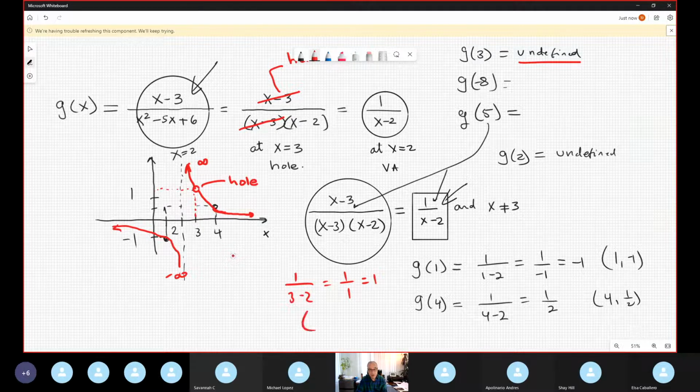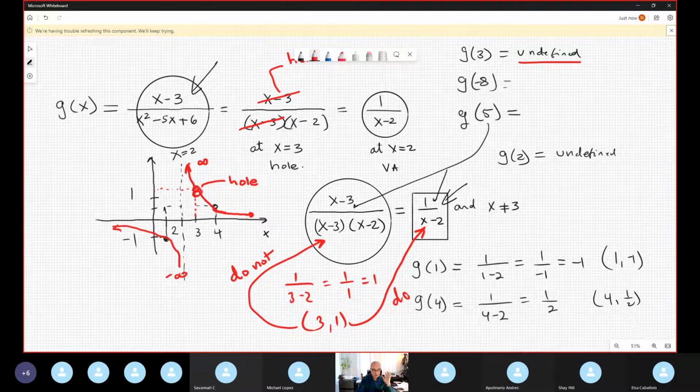So the point is 3, 1, but this point 3, 1 belongs to the simplified expression and does not belong to the original. But I use it like a reference to have some idea of where it looks.